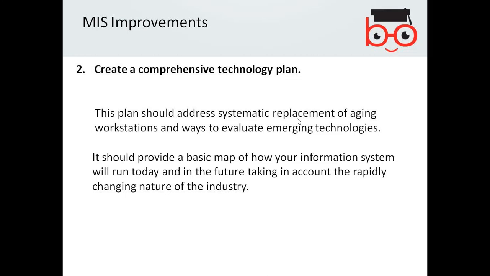For example, if the computer has to be used for 3 years, then systematically you should be able to replace those workstations, computers, with time, and you should be able to introduce the new technologies by the time. So it should come in your comprehensive technique and technology plan.